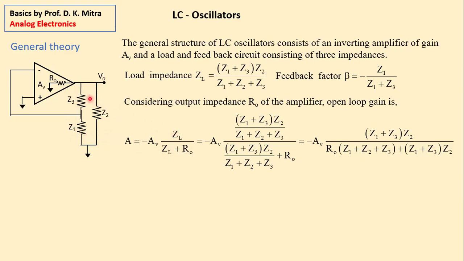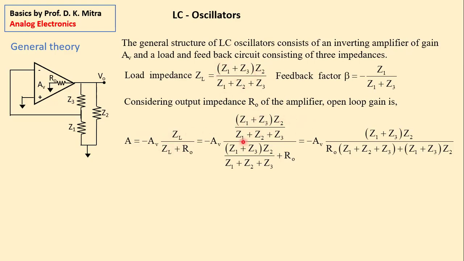So the open loop gain, the gain of the amplifier itself, is only AV, but it has got output impedance RO, and there is an external load impedance ZL. So what is the effective gain? A is minus AV multiplied by ZL divided by (ZL plus RO). Now we put the value of ZL here.